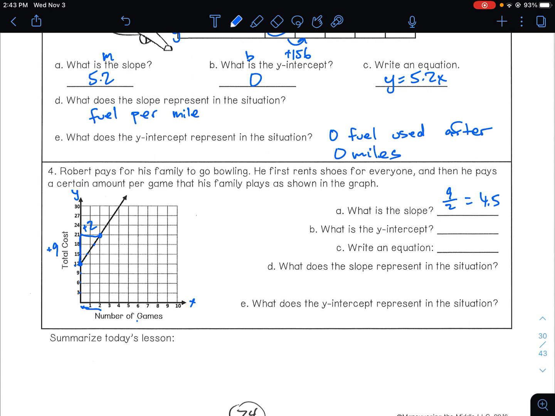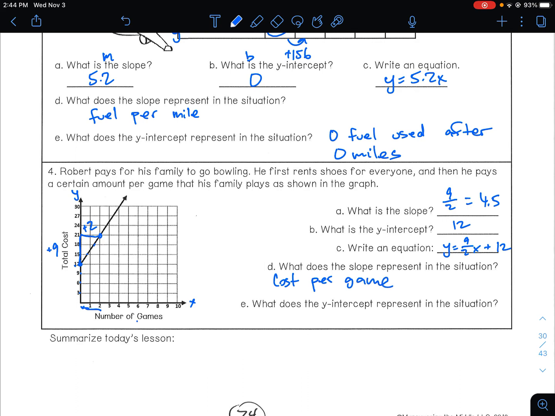What is the y-intercept? It is this right here. It is the number 12. Write an equation. Well, y equals 9/2 x plus 12. Or you could have written y equals 4.5x plus 12. The slope represents the y over the x, so it's the cost per game.